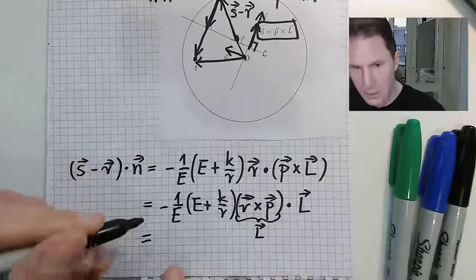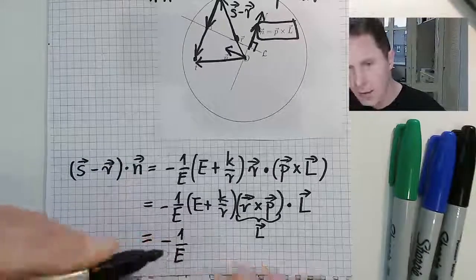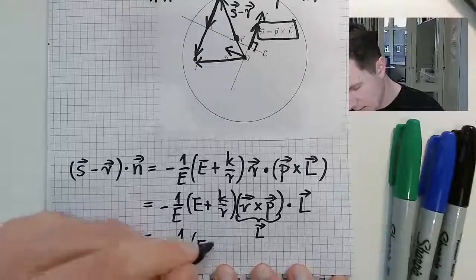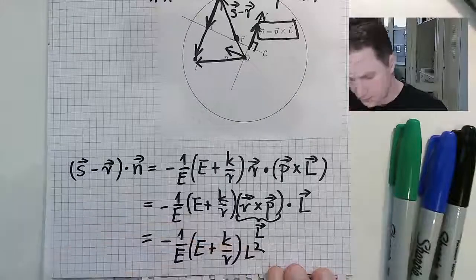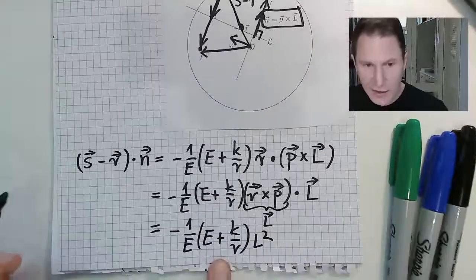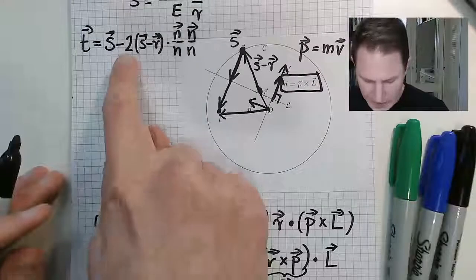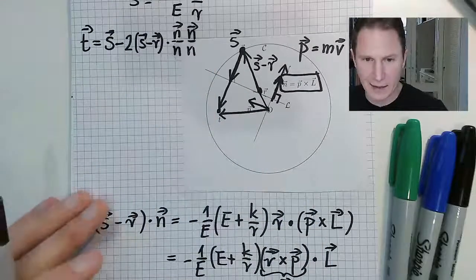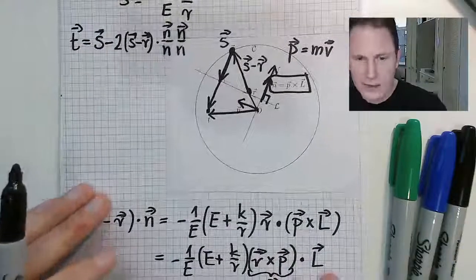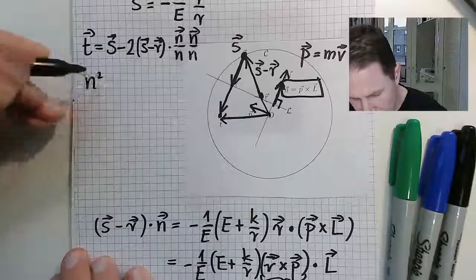Okay, so what we end up having here is minus 1 over e times e plus k over r times L squared. This is what we got from the vector that we have to subtract twice of s after some rescaling. Let's see what that rescaling is. That rescaling is n squared.